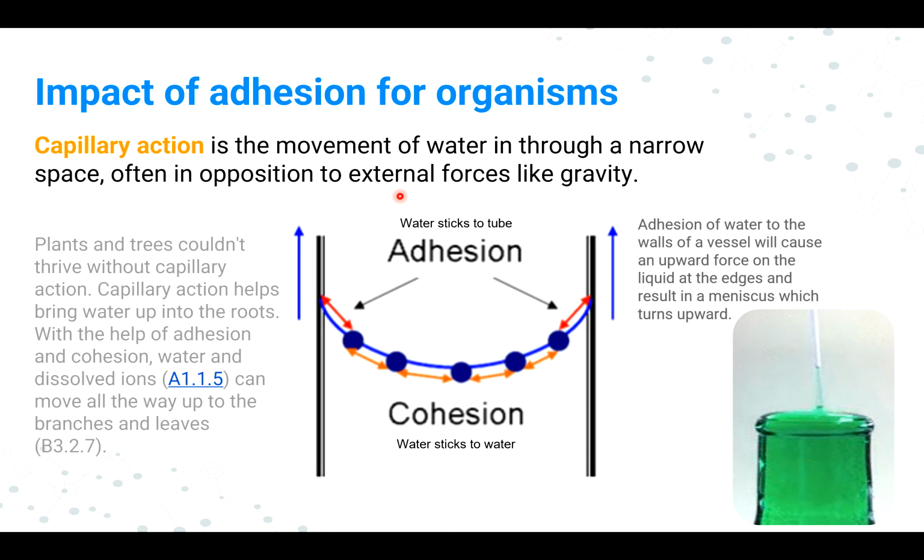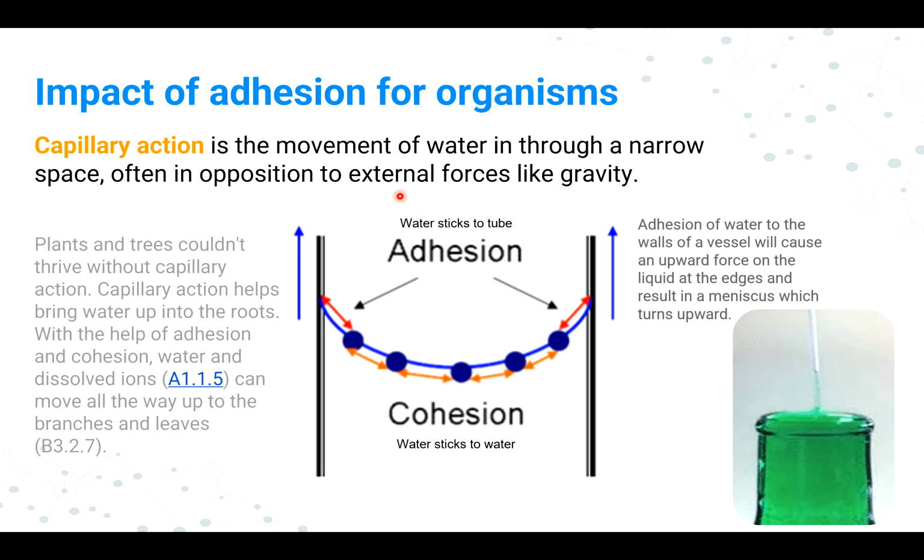The other one is capillary action. What is this? This action is actually a movement of water through a narrow tube, right? And this is often in opposition to an external force like gravity, right?